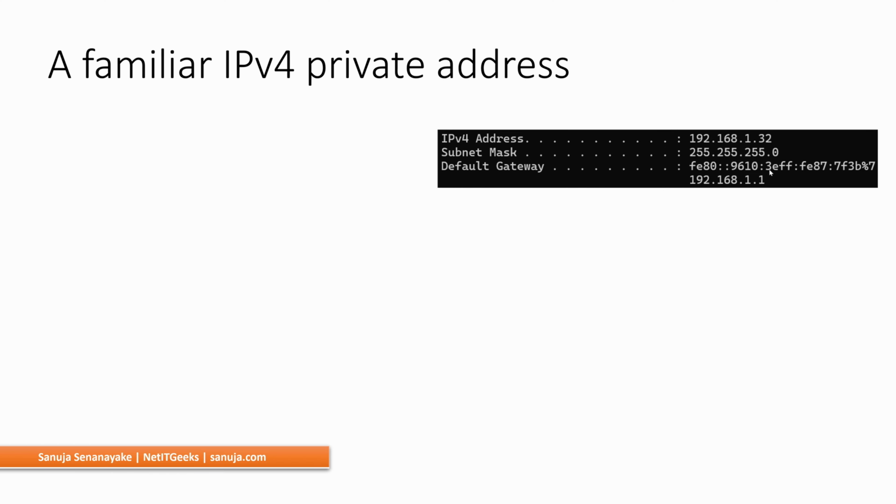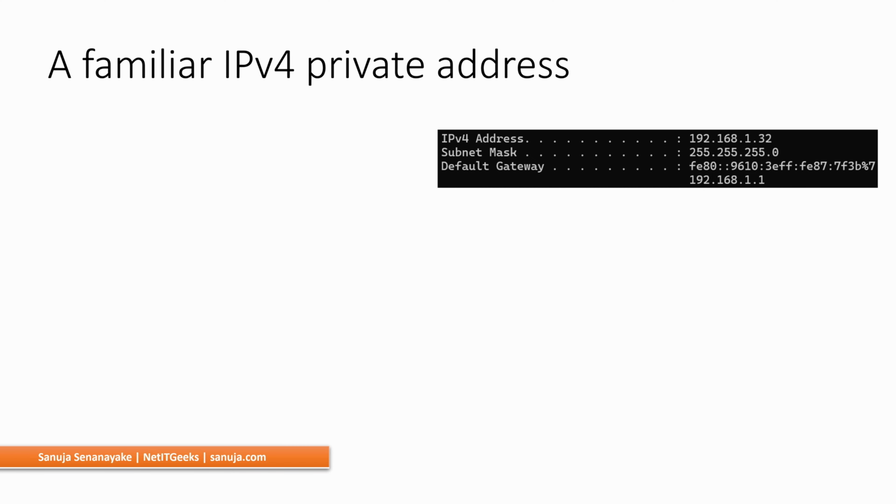Notice this is an IPv6 address for a default gateway. We are just going to ignore IPv6 as that's not what we are focusing on here today. So this is my IP address identifying the network interface of my computer. This is the subnet mask associated with the IP address, and this is the default gateway.